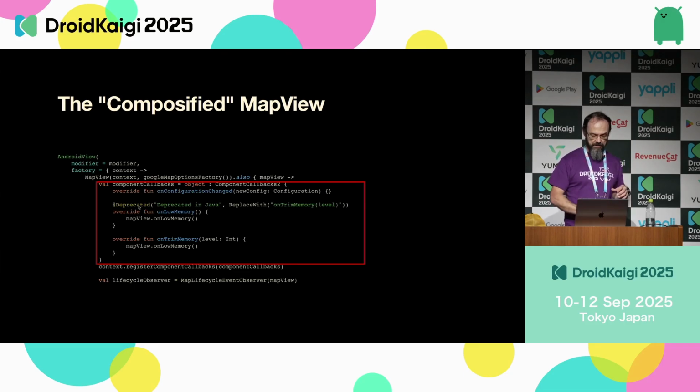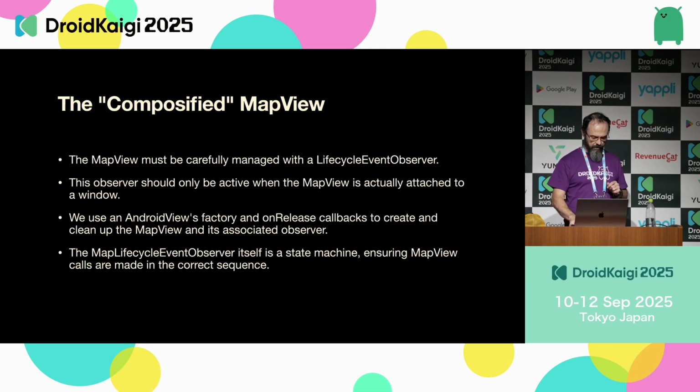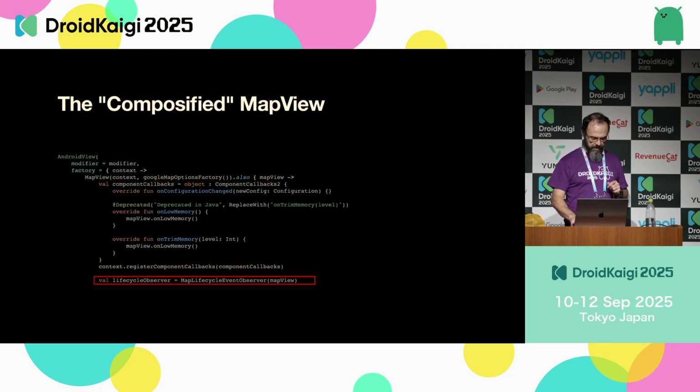We still add it here and mark it as deprecated, and essentially inside onLowMemory and onTrimMemory, we trigger the onLowMemory method from the MapView to connect it with this callback. And here we are going to create a MapLifecycleEventObserver passing the MapView as a parameter.